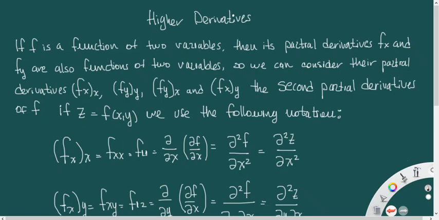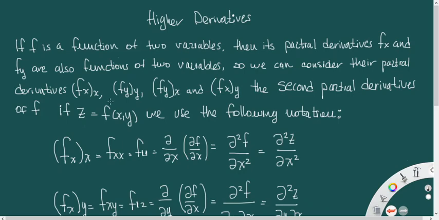Okay, let's say that we have a function f, and this function is a function of two variables. In the textbooks and the most common problems, those two variables are x and y. And we know, because we already calculated them, the partial derivatives f sub x and f sub y.